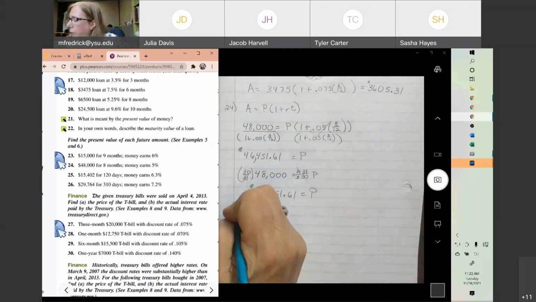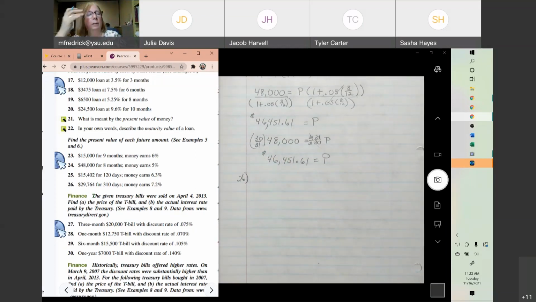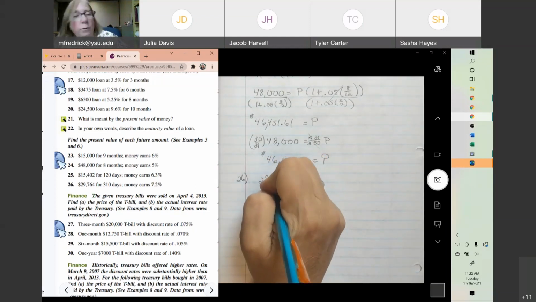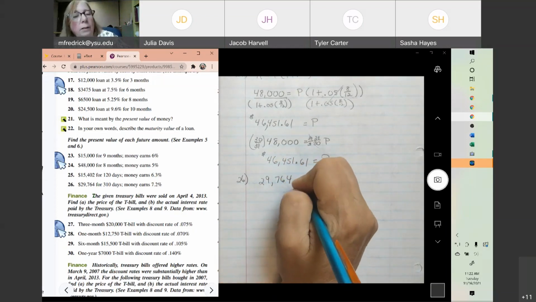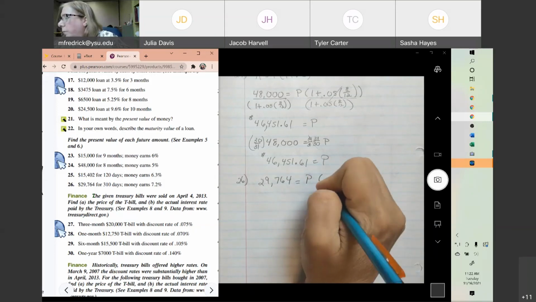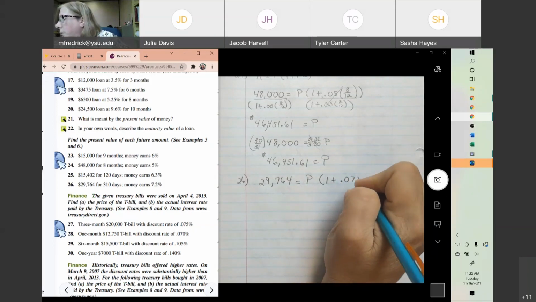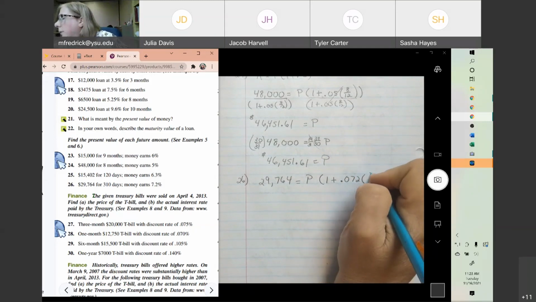Okay, let's try 26, which is similar. Again, we're still looking for the present value, and they're giving us the future amount. So the future amount, 29,764 equals P, which is what we're looking for, 1 plus our rate as a decimal, 0.072, times 310 days.